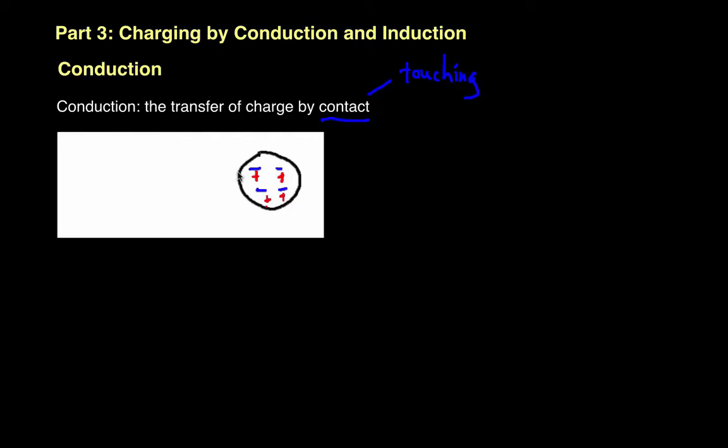You bring a negatively charged object near it, so it's touching. Here's our negatively charged rod, and it's brought near the neutral conductor.